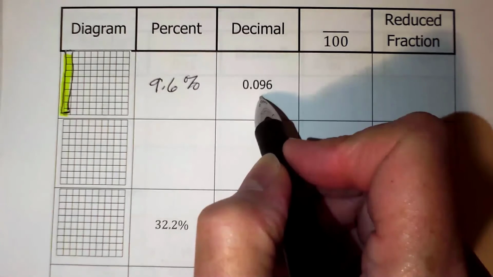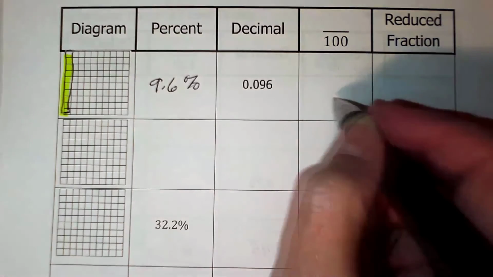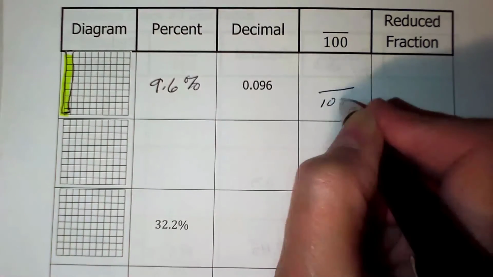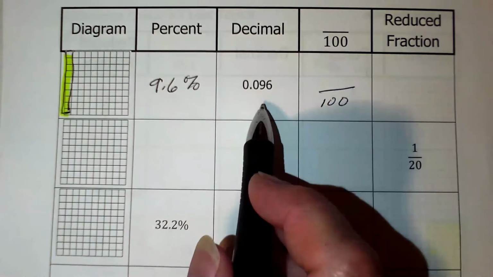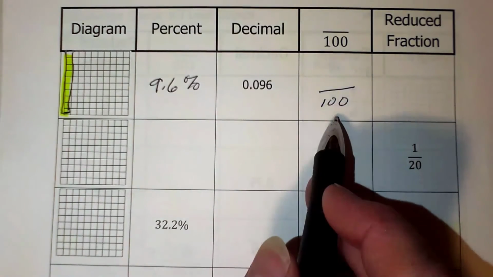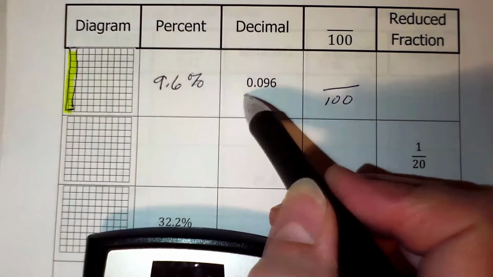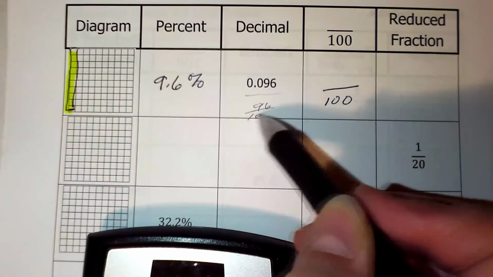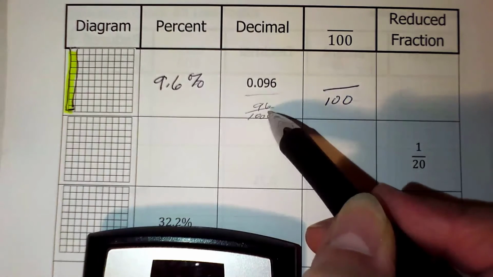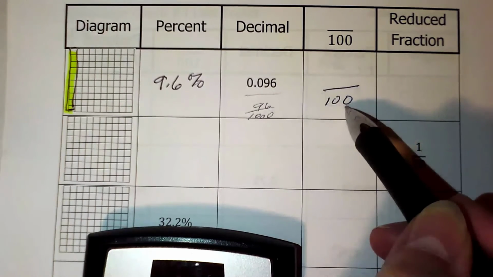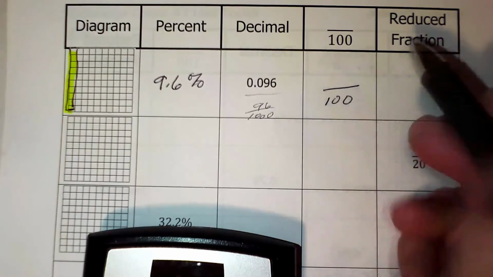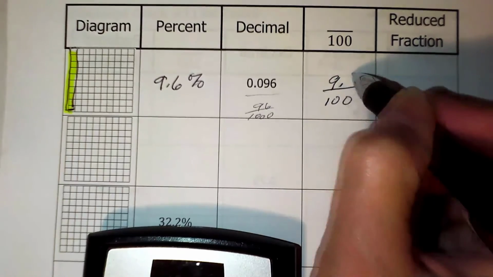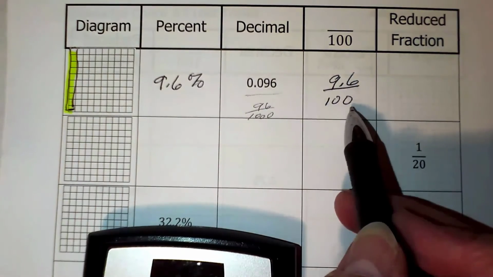If I'm going to take the decimal and turn it into a fraction, so this is really 96 thousandths. But we want 100. So if I divide both of those by 10, I'm going to get 9.6 over 100.